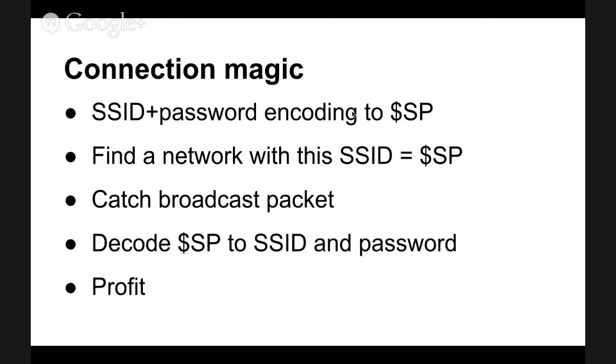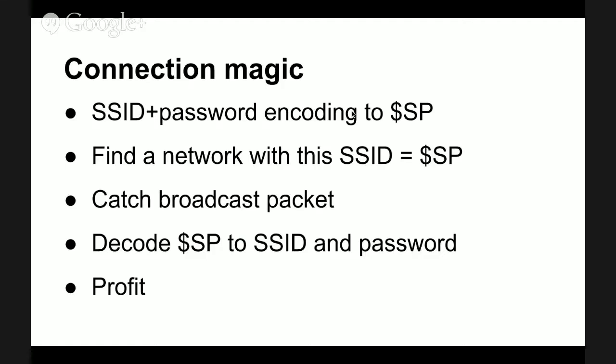But these guys use this ability to transmit SSID and password from any mobile device to IoT devices. After that, the IoT device catches this broadcast packet, decodes the SSID and password, stores them and connects in a really magic way.